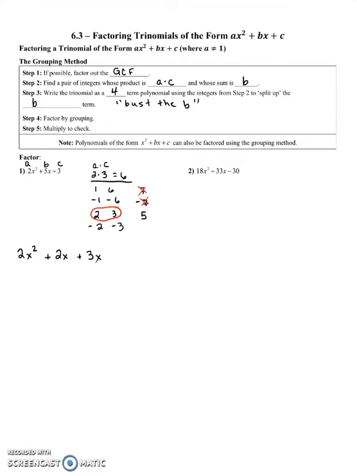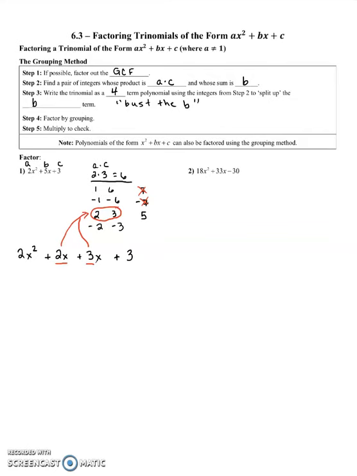And those two numbers, the 2 and the 3, came from our a times c that factors. And then we just put our c term on the end, so the plus 3.